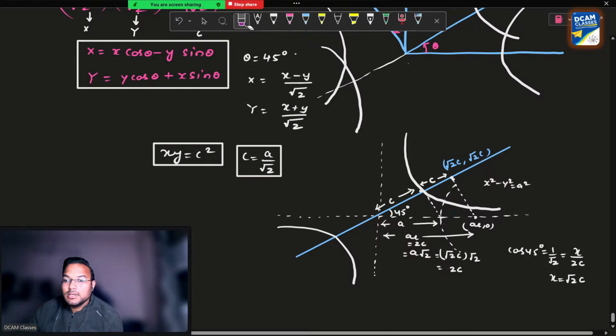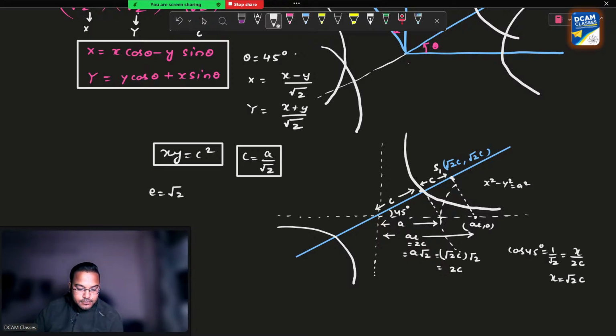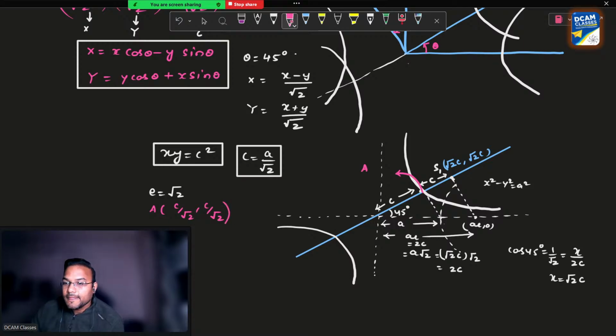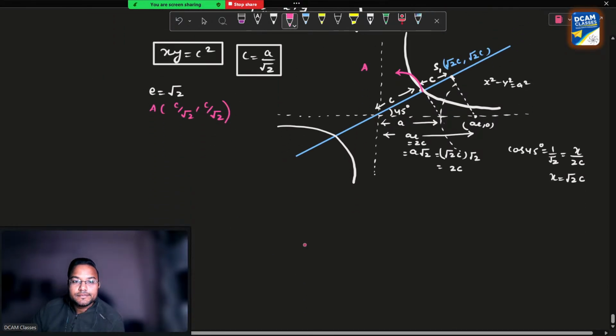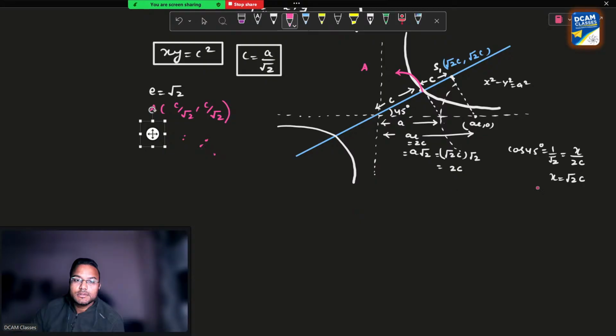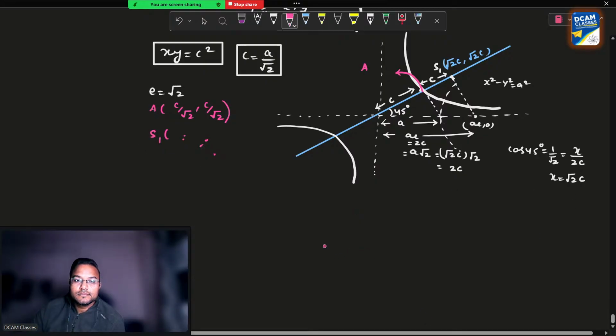So what's there? The focus of this new rectangular hyperbola: its eccentricity is root 2. The point where the major axis meets, vertex A, is c by root 2 comma c by root 2, and the foci will be root 2c comma root 2c.